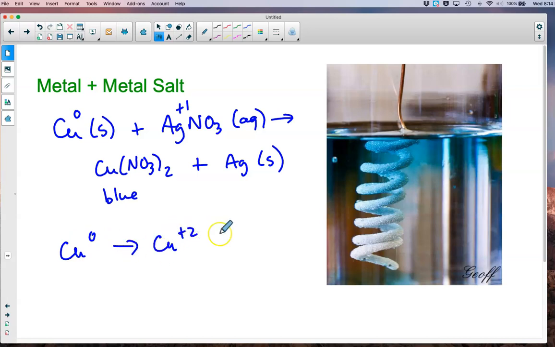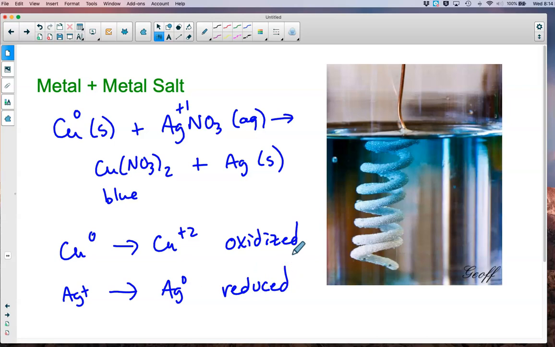So the copper went from copper 0 to copper +2. It has lost electrons, so it was oxidized. And the silver, which started as +1, has become silver 0. It's been reduced. And so the copper lost 2 electrons, so the electrons are a product. The silver gained an electron, so the electrons are a reactant. And to balance this, I'm just going to put a 2 out here and there, and then a 2 there to balance my silvers and my nitrates.